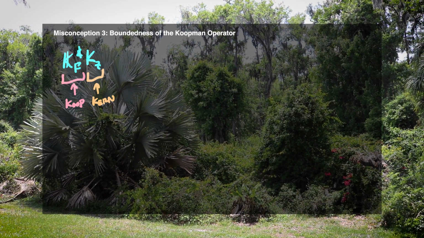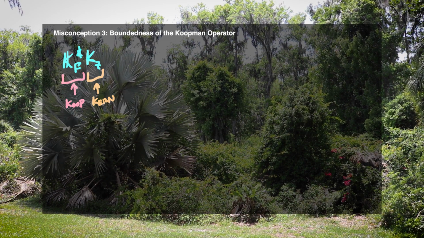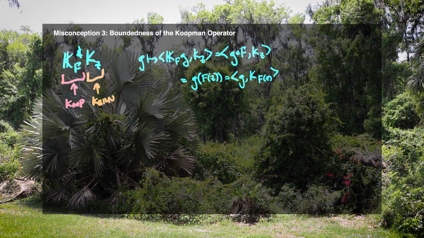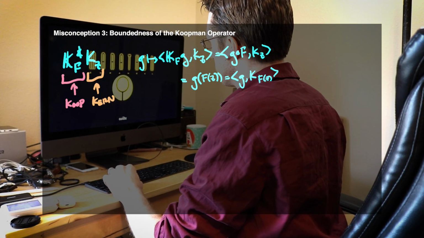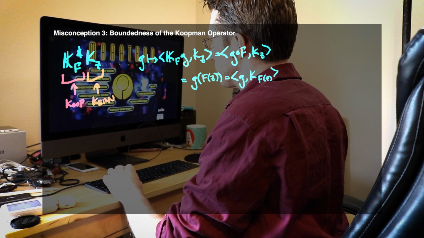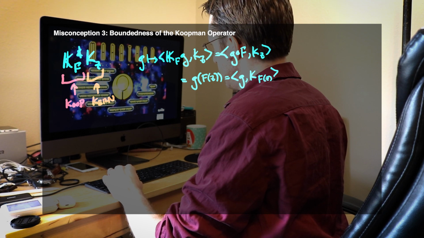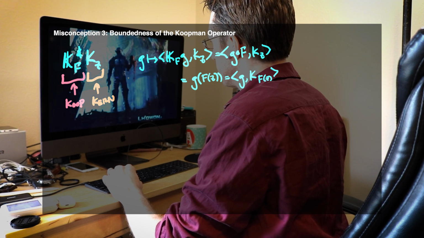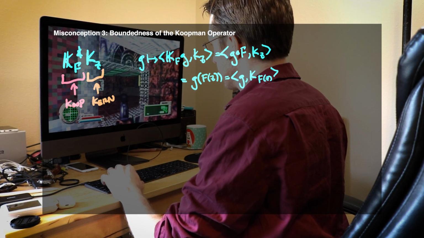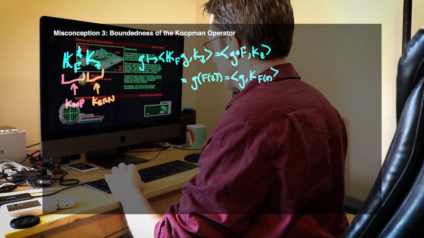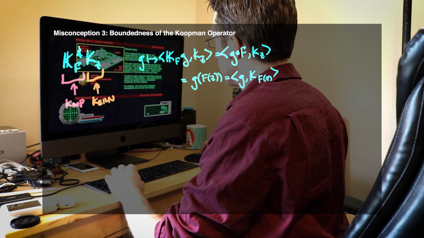So in order to figure out what the adjoint of the Koopman operator does to a kernel function, it's pretty straightforward. You take a look at the functional that maps g to the Koopman operator applied to g, inner producted with a particular kernel function centered at z. What that does is it changes g to g composed with f, and then the inner product against the kernel function just evaluates that at z.